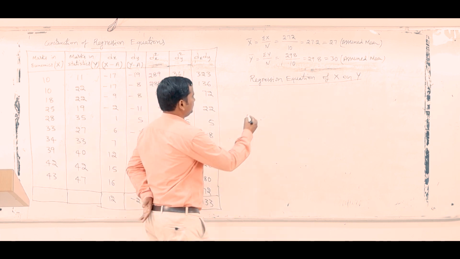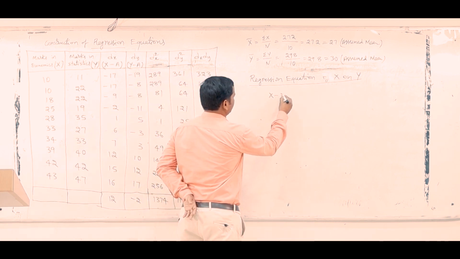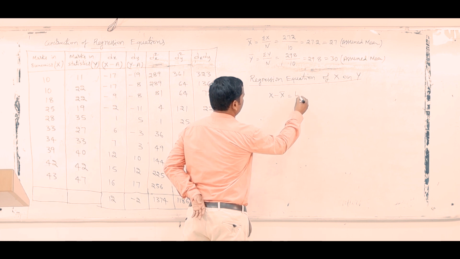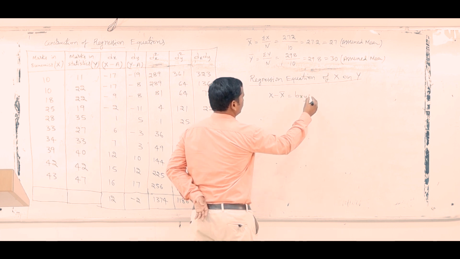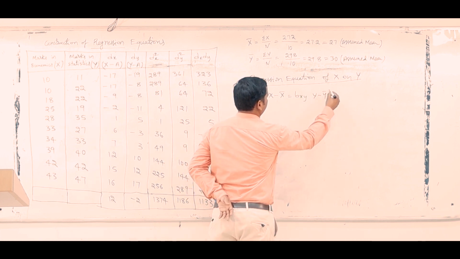For this, the formula is x minus x bar is equal to bxy into y minus y bar.